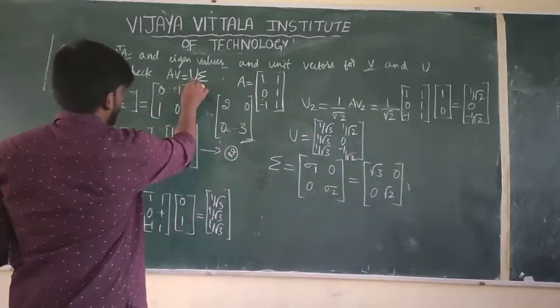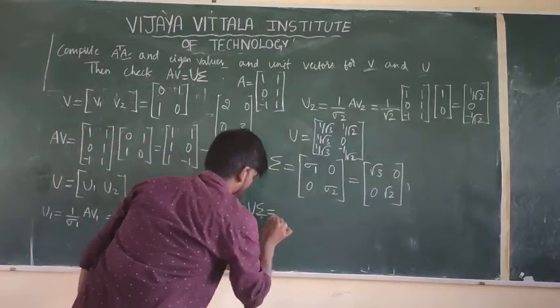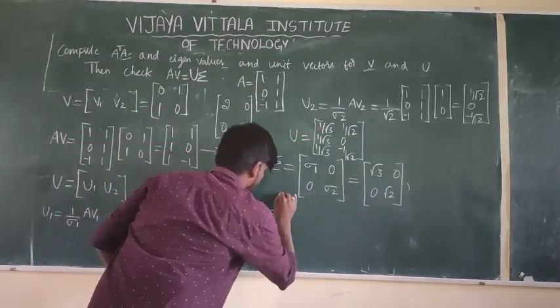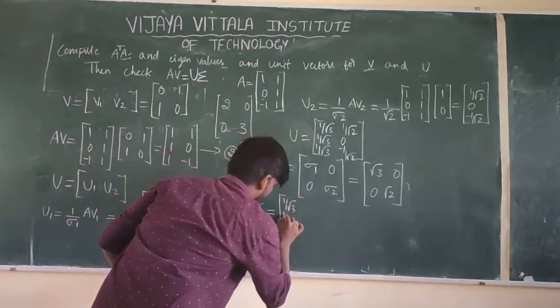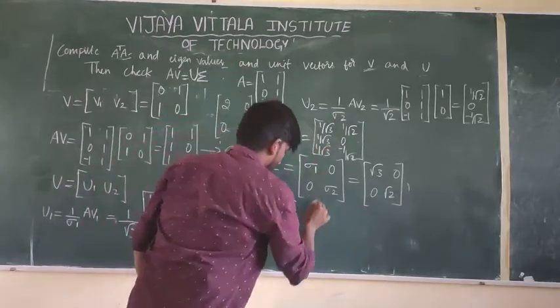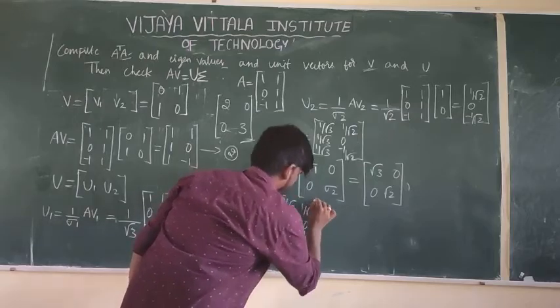Then we have to find U into summation. What is U into summation? U is the matrix containing 1 by root 3, 1 by root 3, 1 by root 3, and the second column 1 by root 2, 0, minus 1 by root 2.